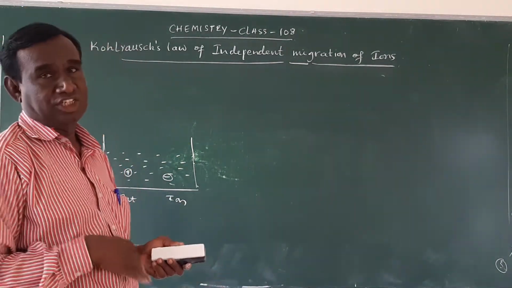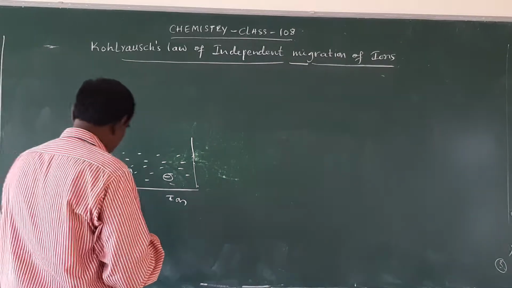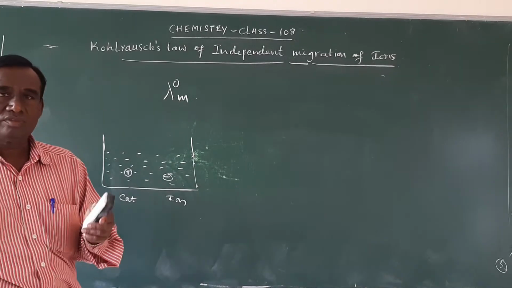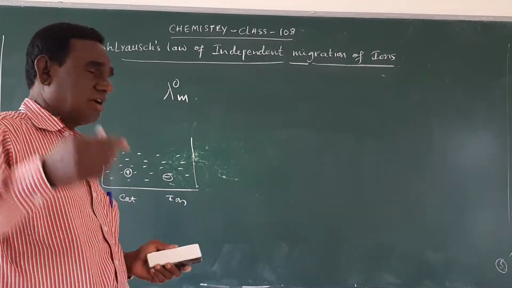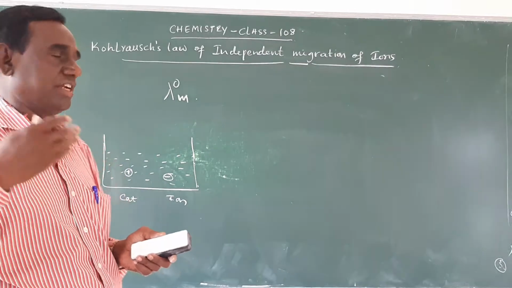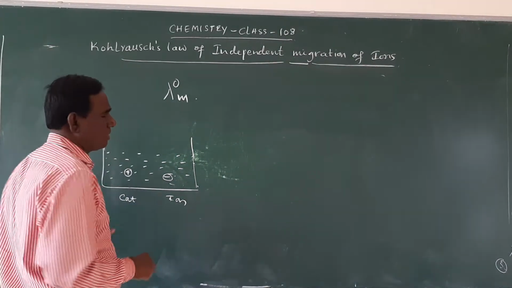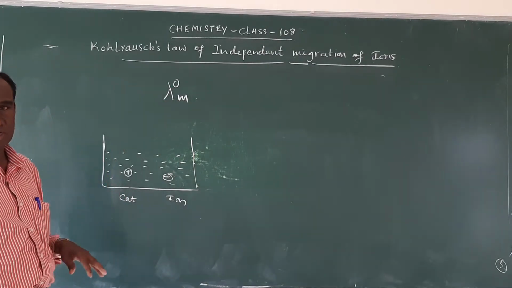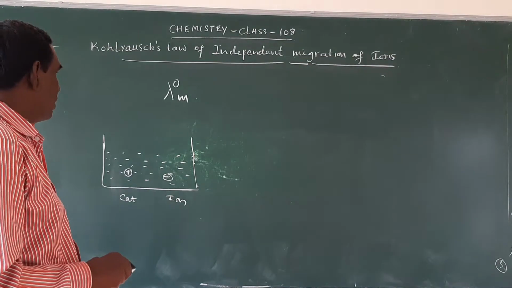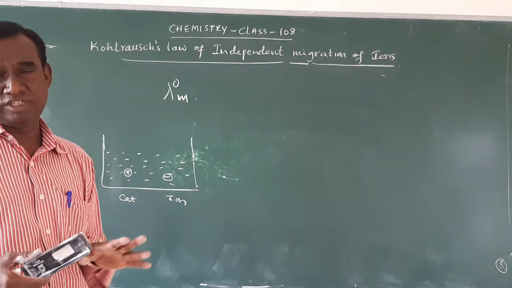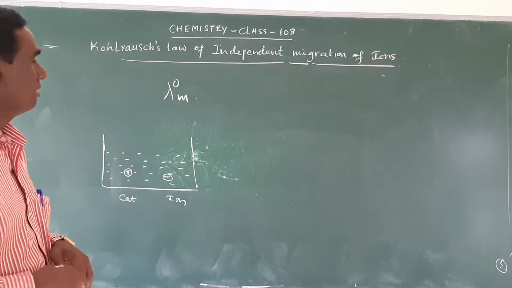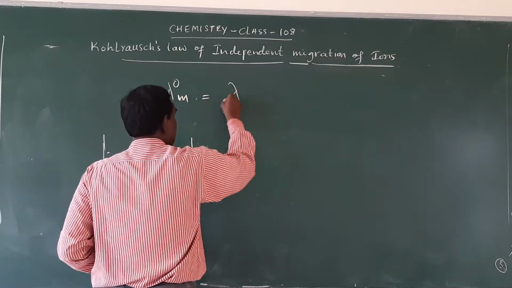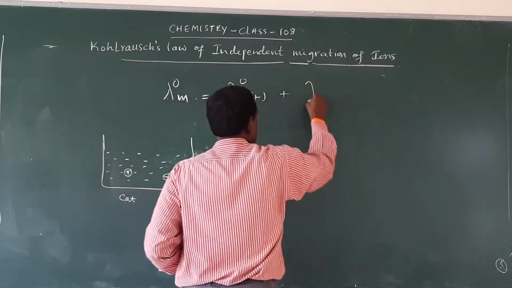Even under this condition, it is possible to calculate lambda naught, the limiting molar conductivity. The limiting molar conductivity of an electrolyte at infinite dilution can be calculated using the formula lambda naught m is equal to lambda naught plus plus lambda naught minus.